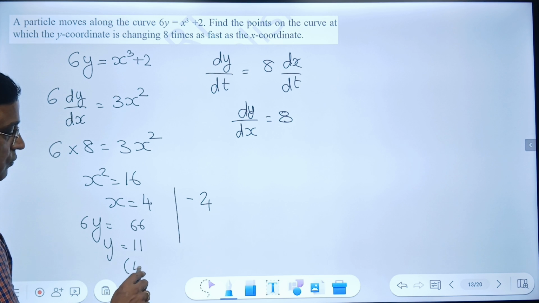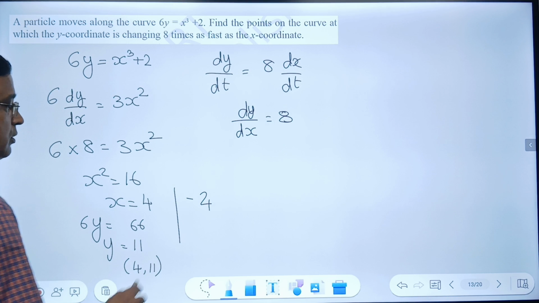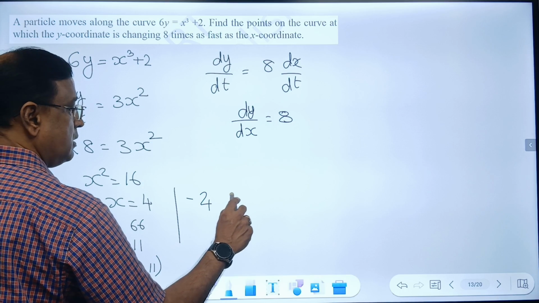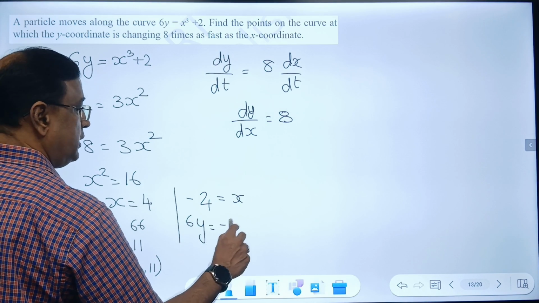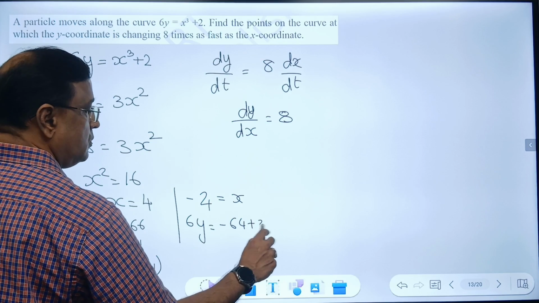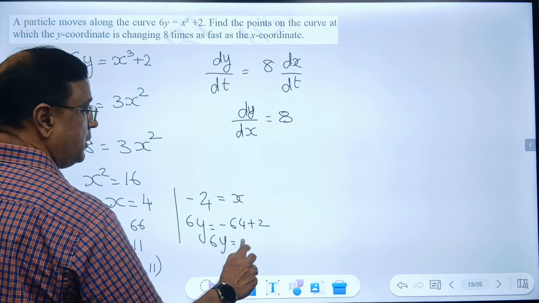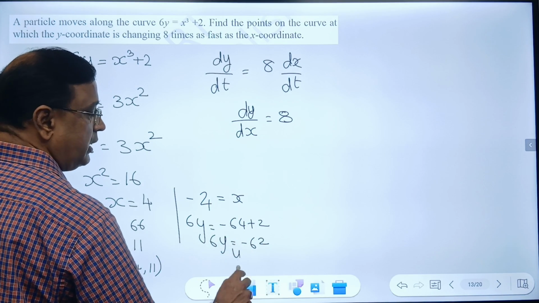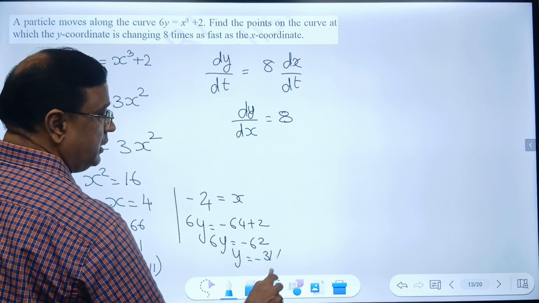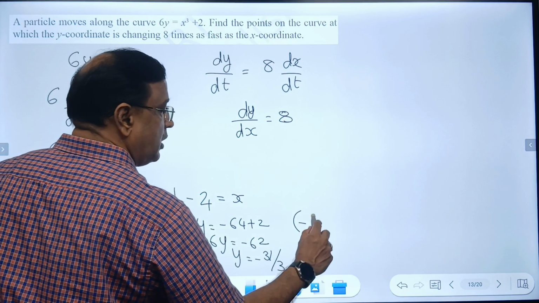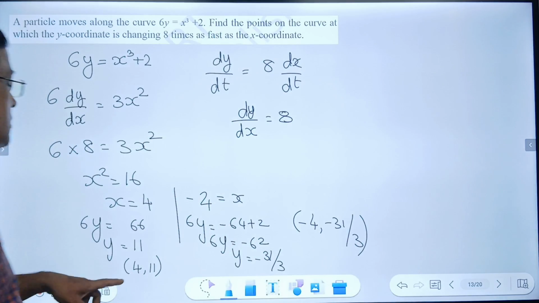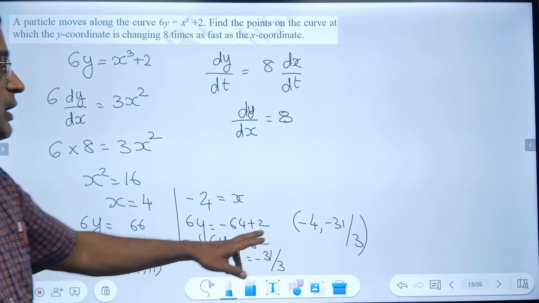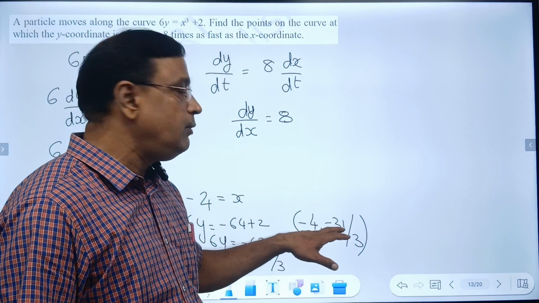So the point is 4, 11. Or when x is minus 4, 6y equal to minus 64 plus 2. So 6y equal to minus 62. So y equal to minus 31 by 3. So the point is minus 4 comma minus 31 by 3. So there are 2 points. One is 4 comma 11, the other one is minus 4 comma minus 31 by 3.